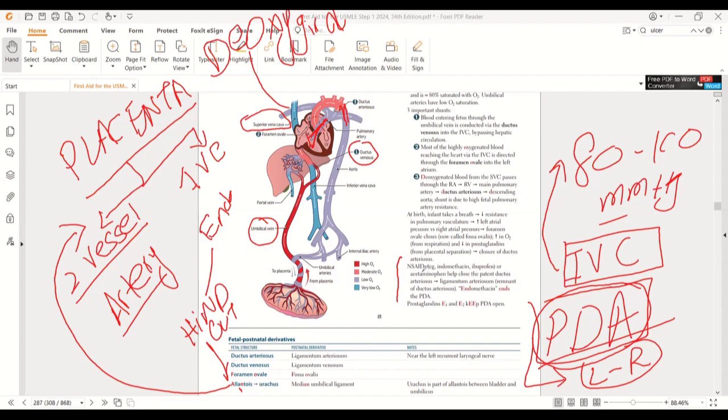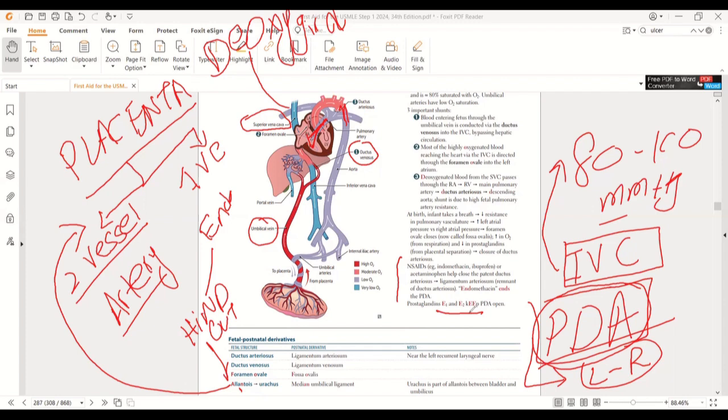So we give prostaglandin E. Prostaglandin E1, E2 keeps the PDA open. If you want to close the PDA, you have to decrease the prostaglandin. And how will you decrease the prostaglandin?